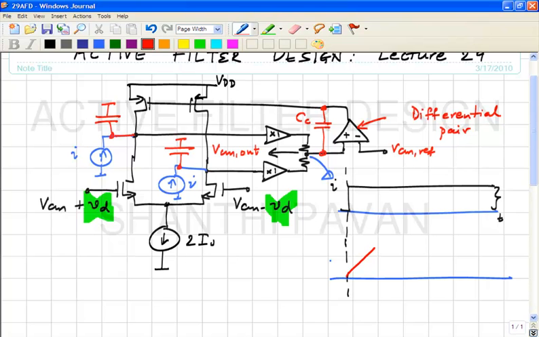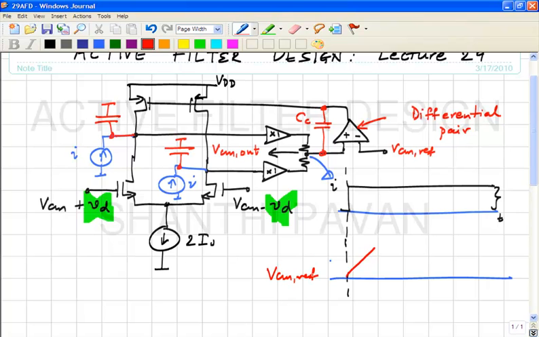But soon enough the feedback loop starts to act, and eventually what is the common mode voltage? It will be VCM ref.